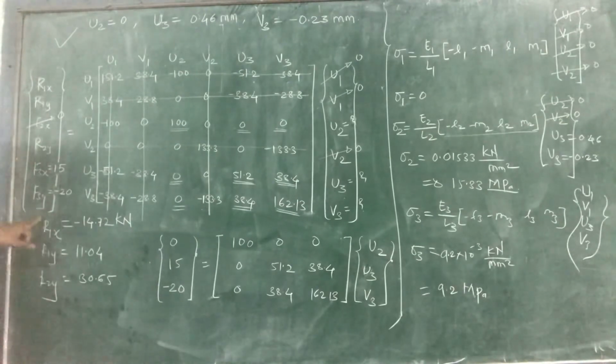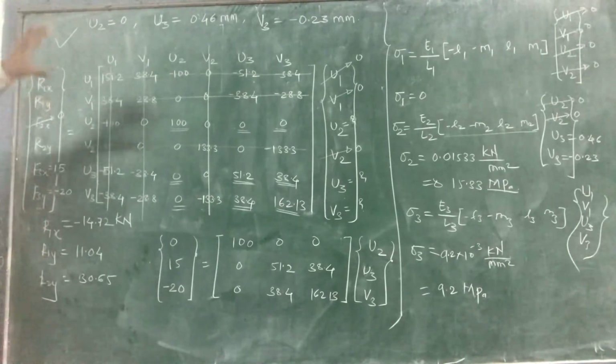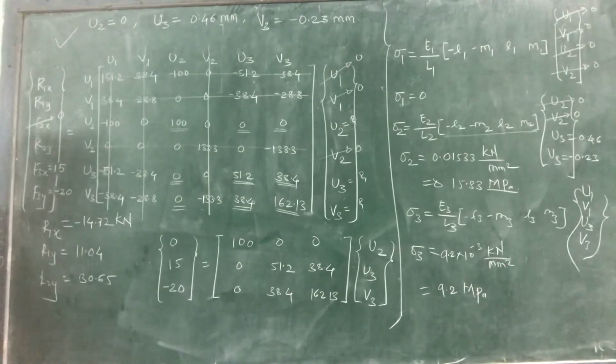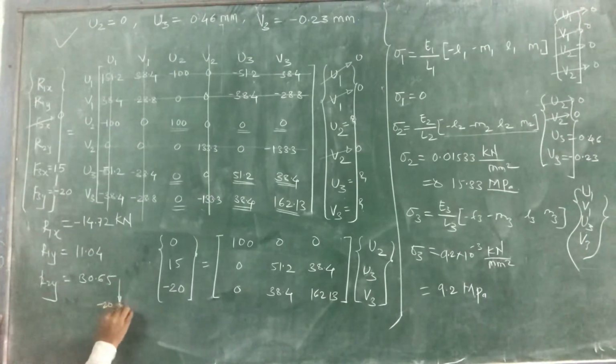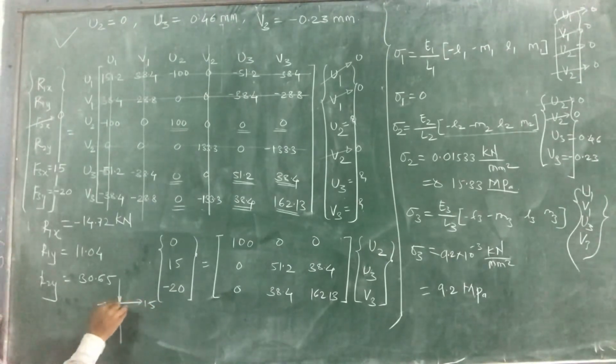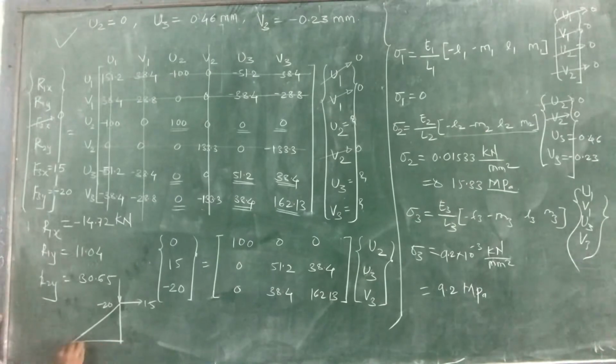You can cross check by using these force balances, because we know that this is minus 20 kilonewton, this is 15, your R1y, and this is your R1x.